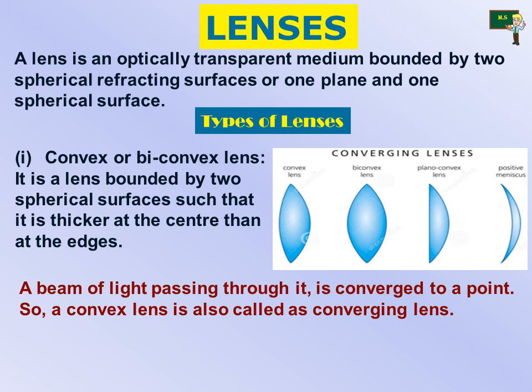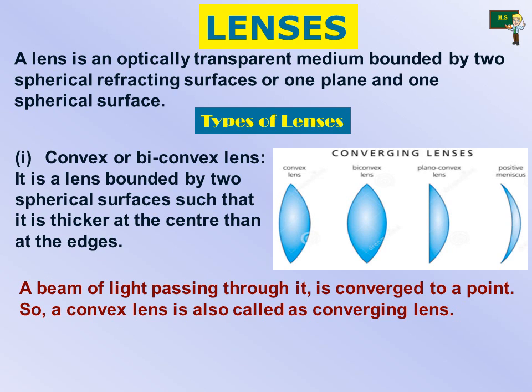We know the lens which causes incident parallel rays to converge at a point is known as a convex or converging lens. Actually, this lens is very thick at the center, as I showed you. The convex lens will form a real image and its principal focus is real.